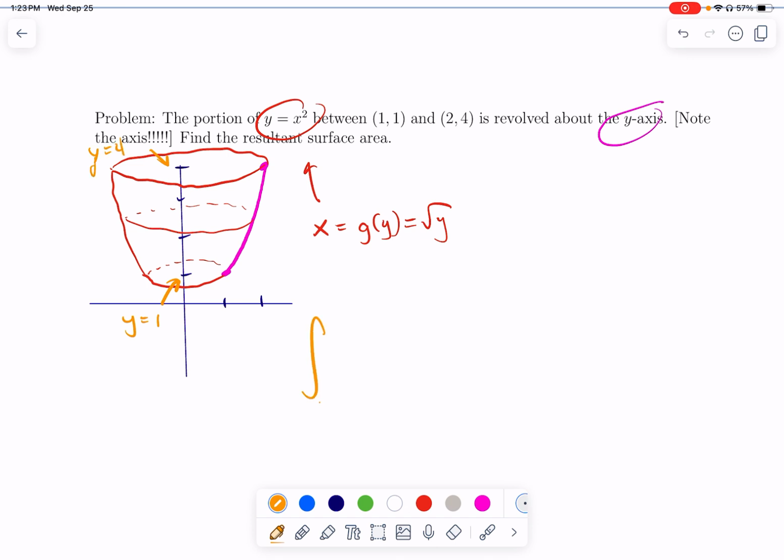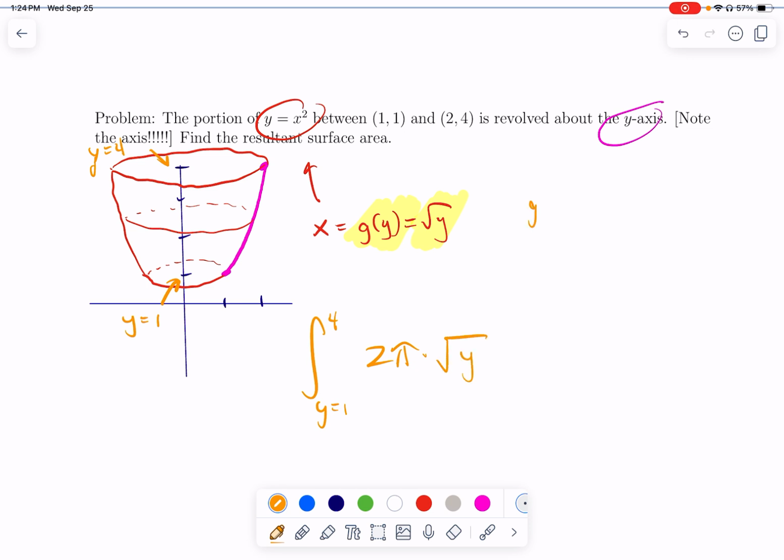We'll have an integral as y goes from 1 to 4 of 2 pi times the radius. And in this version, this function measures the radius. If we're spinning around an axis, the value of the function measures the radius. So that would be the square root of y.